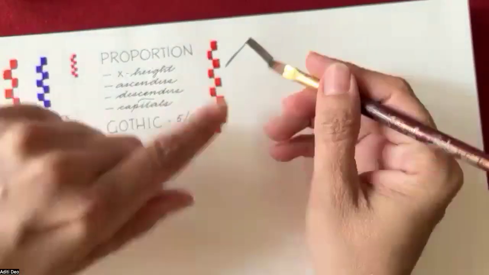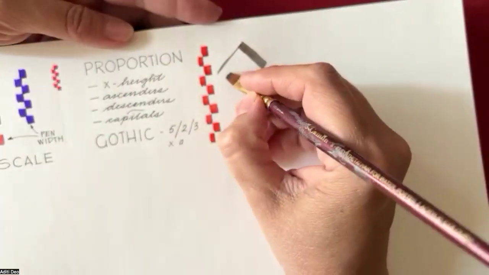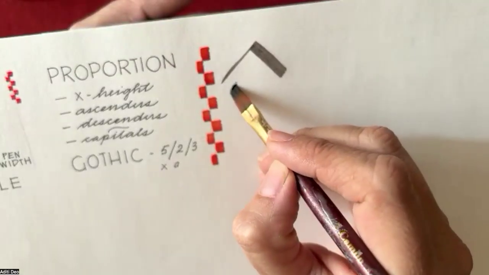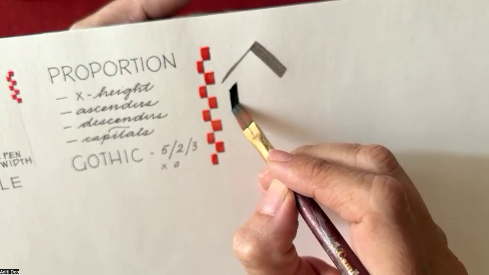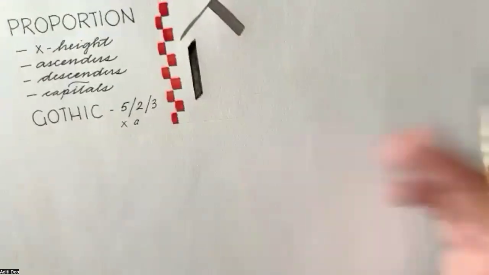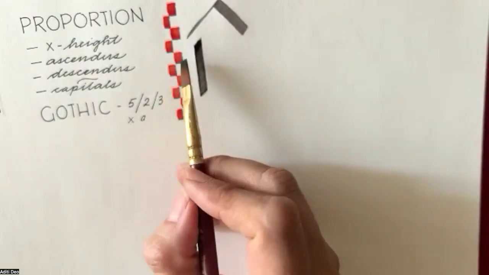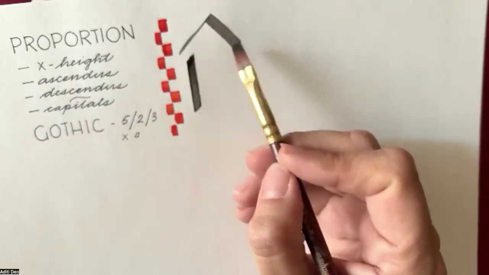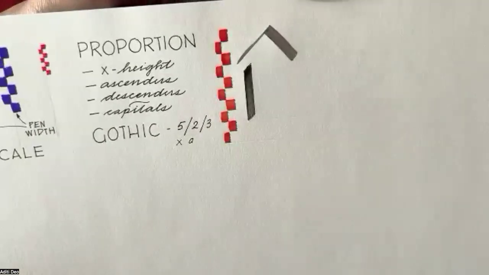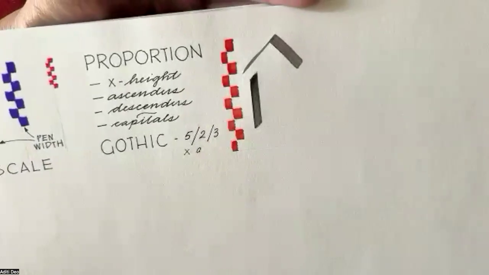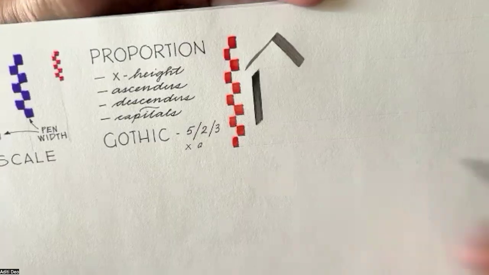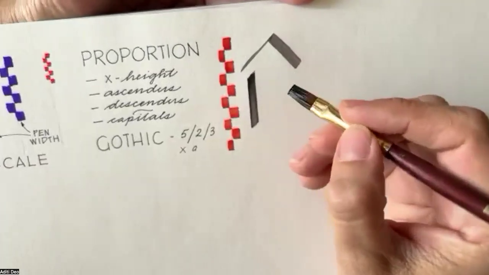So if we want to make a straight line, we will hold the pen at 45 degrees but make a straight line with that. So this is going to be the height of our letters. 1, 2, 3, 4, 5. This is just a stroke I've made so that I can show you the thinnest and the thickest line. We are going to make all the letters in a combination of different strokes with the tip of the pen held at the same angle.